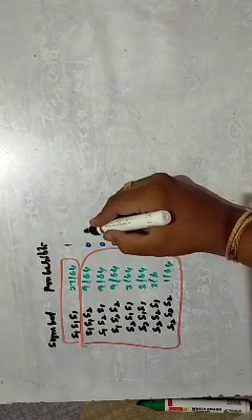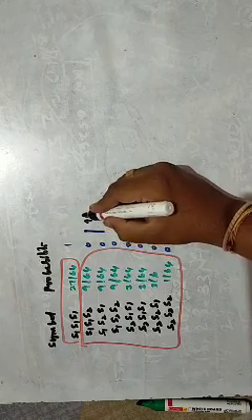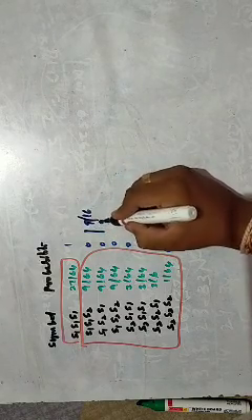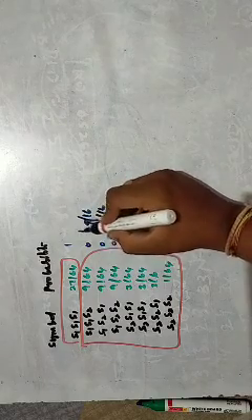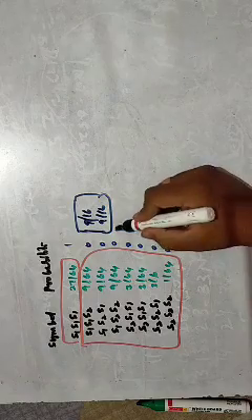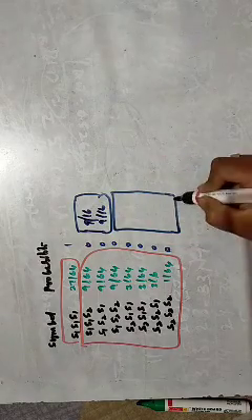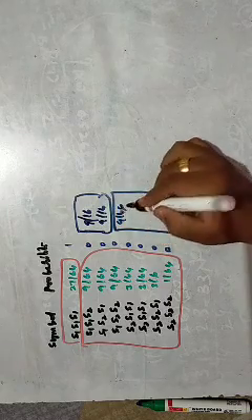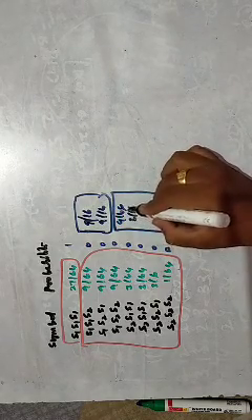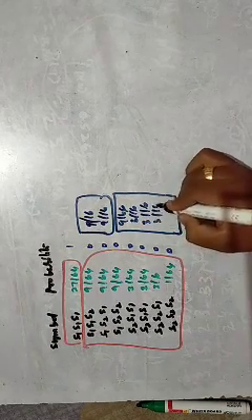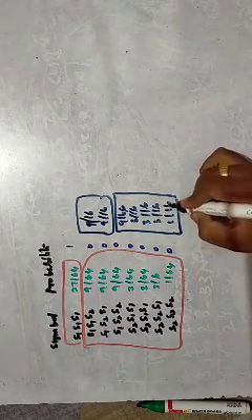So I'll make this 9 by 16 and 9 by 16, these two as a sub-block, and the remaining 9 by 16, 3 by 16, 3 by 16, 3 by 16, and 1 by 16.